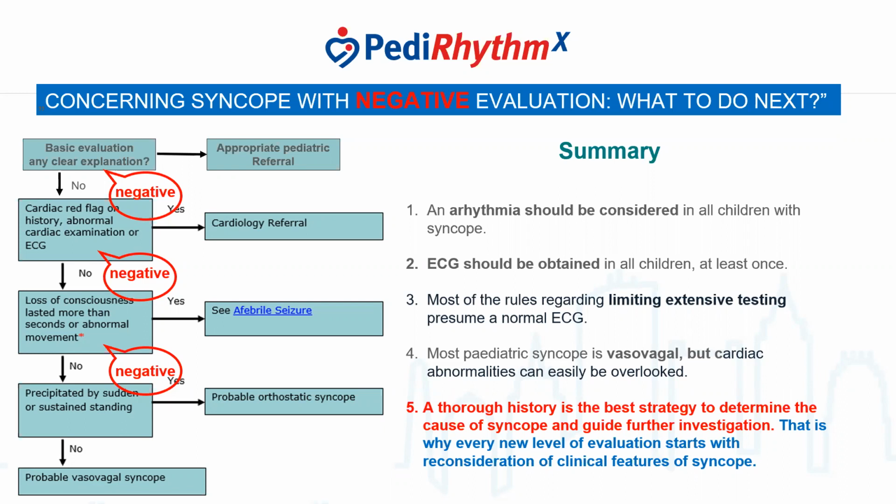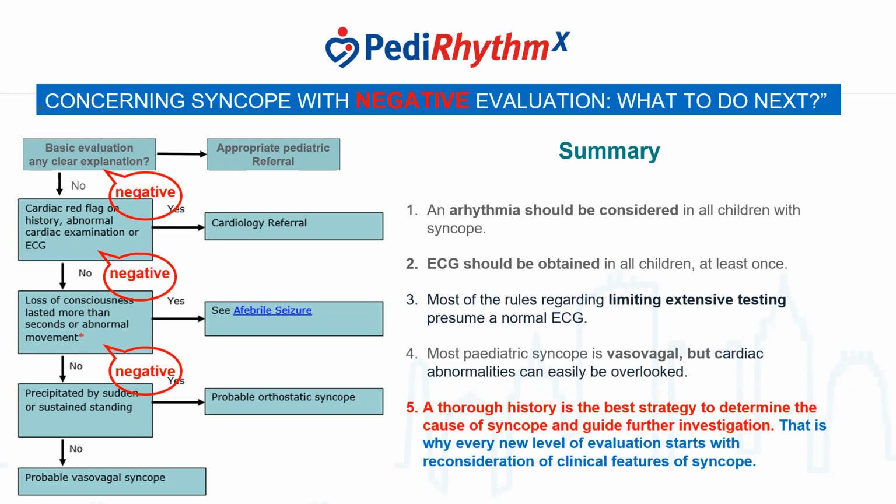Summarizing my talk, an arrhythmia should be considered in all children with syncope. ECG should be obtained in all children at least once in their life. Most of the rules regarding limiting extensive testing presume a normal ECG.